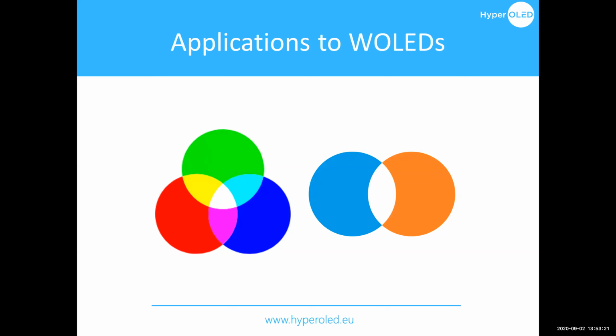If you only need lighting, if you don't need arbitrary color, then the kind of shortcuts of human vision mean that you can just get away with a blue, and not even as deep a blue as you would normally need, and an orange, and your brain will interpret that as a white as well. So once we've got good blue TADF materials, getting from blue to white is not nearly as challenging as just getting a good blue in the first place.